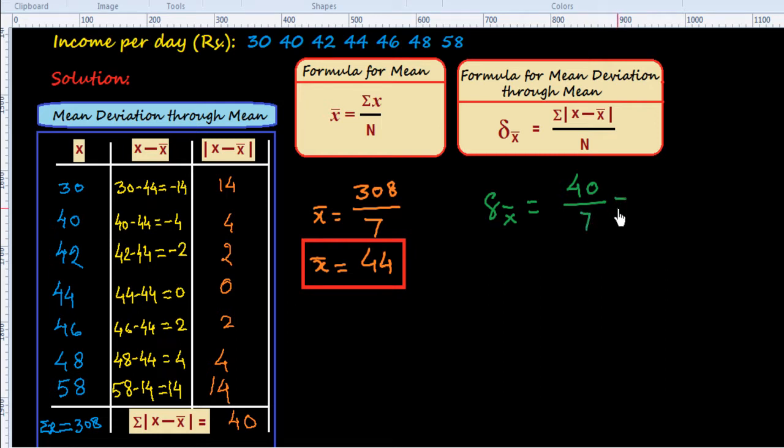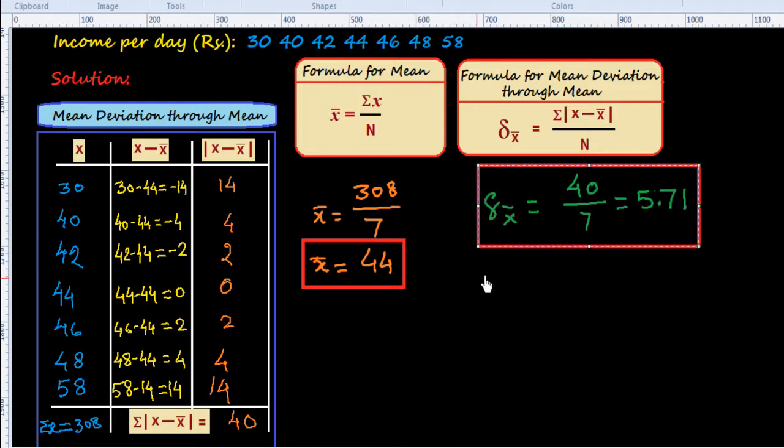So we get here 7 5 times 35, 5 remains, 7 7 times 49, and 1 remains, 7 1 times 7. So 5.71 is there. This is our mean deviation through mean. It is pretty easy to calculate this mean deviation through mean.